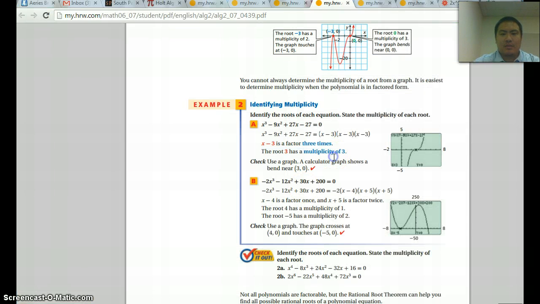And that's essentially what they're doing. If you repeat the same factor over, you can say that the root, see how the factor is x minus 3, but the actual root is 3. That's because you set x minus 3 equals 0. That gives you that the root is 3. And you say that that root has a multiplicity of 3, because that happens 3 times.